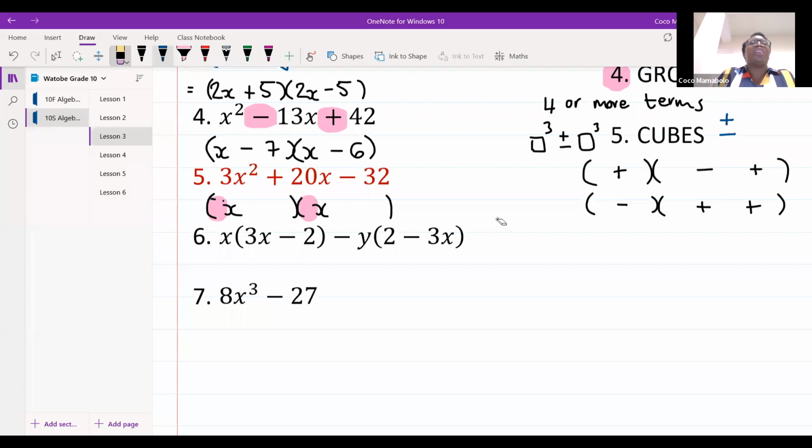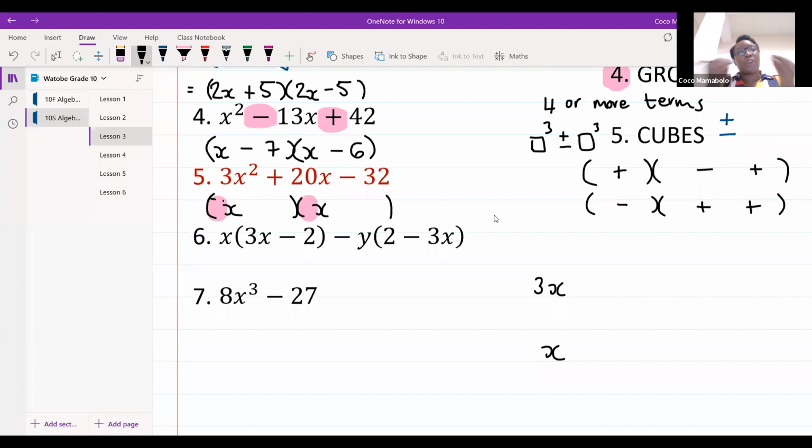And, you know, we're going the easy way now. Good. They are 1 and 3. So I know that in order for me to get back to 3x squared, I'm going to do 3x multiplied by x. Because 3x multiplied by x is going to give me that 3x squared that I need.